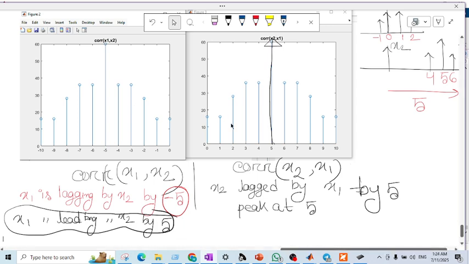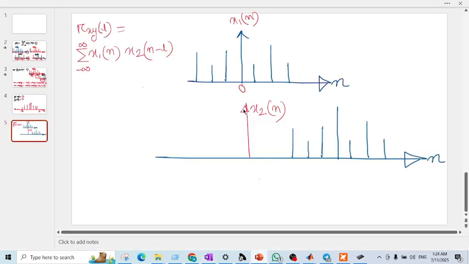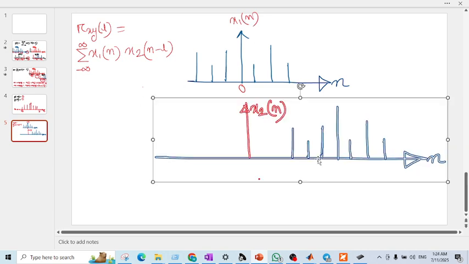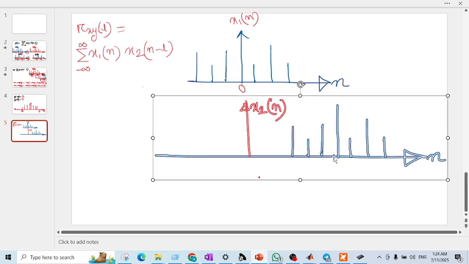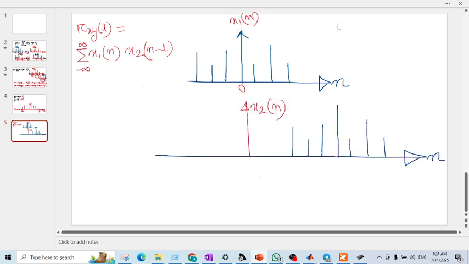Okay, and one more thing, do you see that this signal has its peak at the middle, and it is decreasing here? Let me understand it by this. So this is x1 and this is the shifted version of x2. If I make a correlation between x1 comma x2, I got a peak at -5, right?